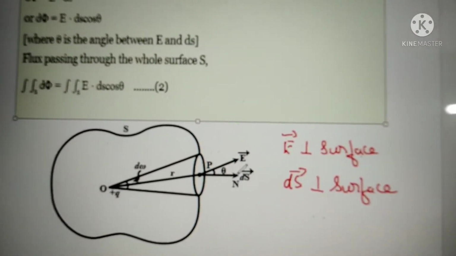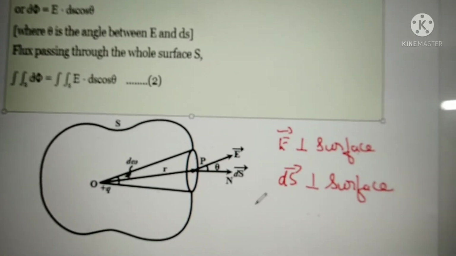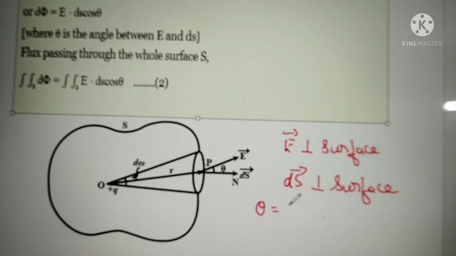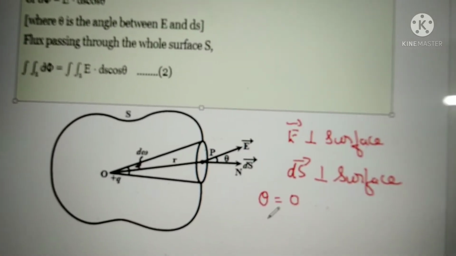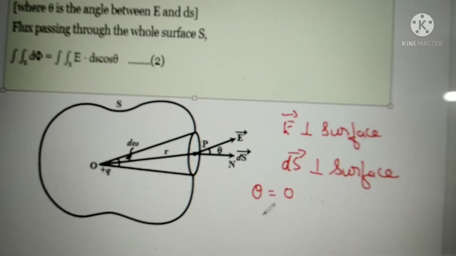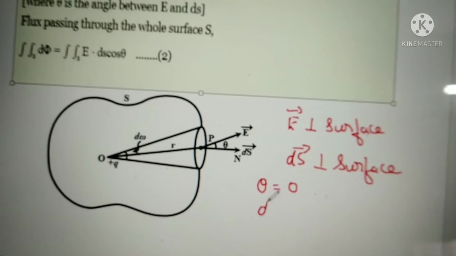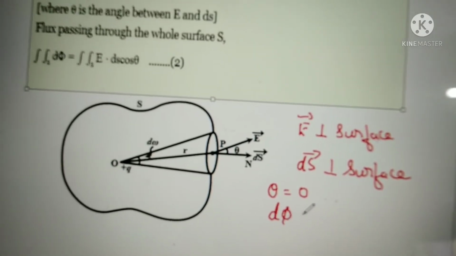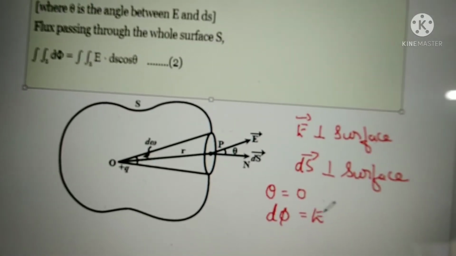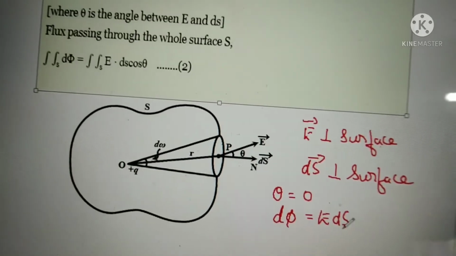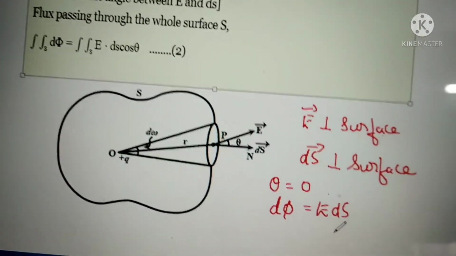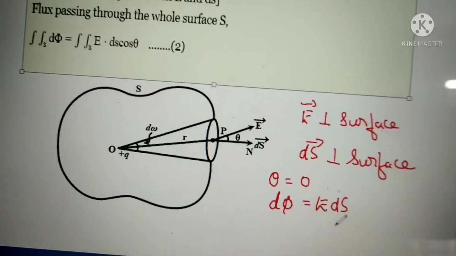So then what is the angle between E and ds? Theta will be equal to 0. I hope you are understanding. In that case, we get phi is equal to integral of d phi is equal to E ds, as cos 0 is equal to 1. I hope you all understood.